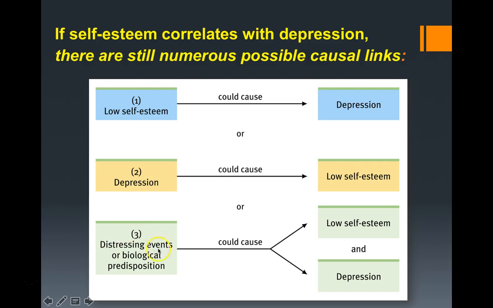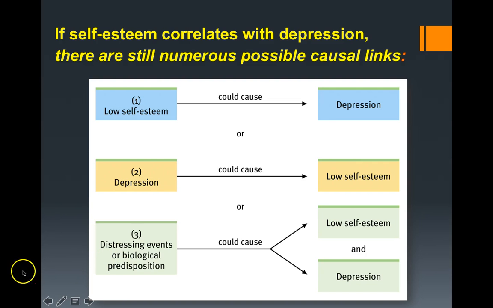One experiences depressing events, or one is biologically predisposed. Some people are predisposed to have certain kinds of affective responses to life, if you will.